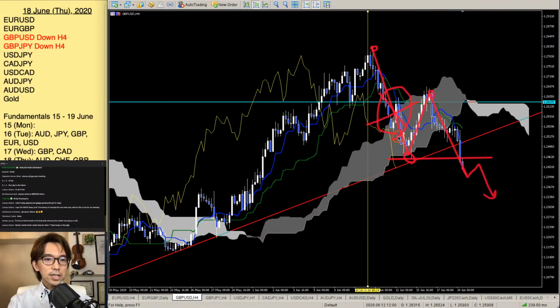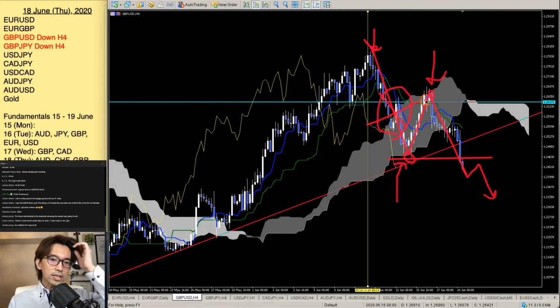If you look at the forward chart and want to count the time cycles, you have to ignore these, but instead take this one and this one and this one, and see if this is in one of the Kihon Suchi numbers, or in Taito Suchi numbers too, or Jugi or Kakugi, which I talked about in part 5 of the Ichimoku Basic video. If you haven't watched that, I recommend you watch that Ichimoku Basic lecture video, part 5.